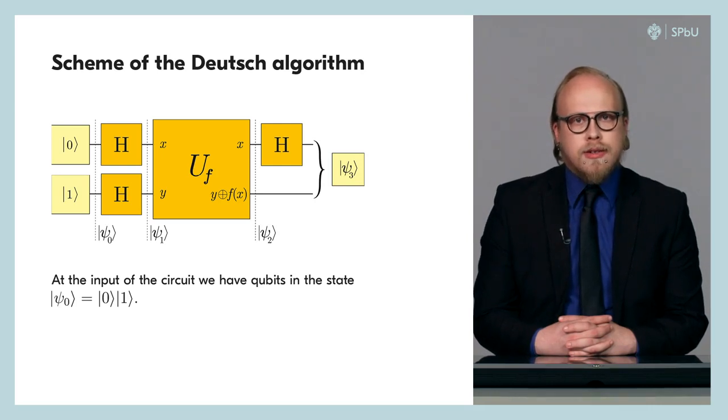So, at the circuit input, we have the qubit state psi0. The first qubit in the state 0 corresponds to the argument or the data register, and the second qubit in the state 1 is the value of function f. Such values of the input bits are not accidental.